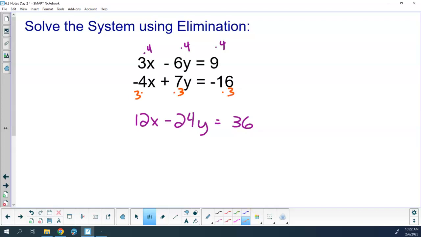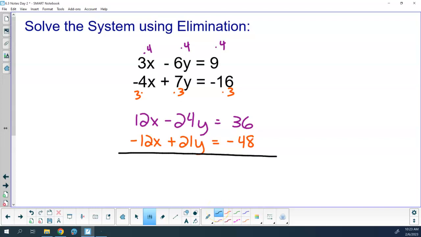That's going to give me negative 12x plus 21y equals negative 48. When I add those two equations together, I get rid of my x's. I get negative 3y equals negative 12. I divide both sides by negative 3, and I get y equals negative 4.